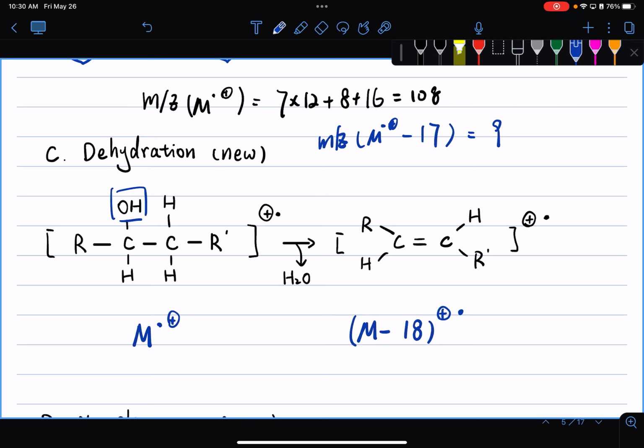So dehydration tells you we're forming an alkene-type fragment in your mass spectrometry, and this process loses a water. The take-home message here is when reading the mass spectrum, you look for differences of 18 m/z. That 18 hints that likely one water molecule is being taken away from your molecular ion. It also tells you there is likely an alcohol present in your molecule.